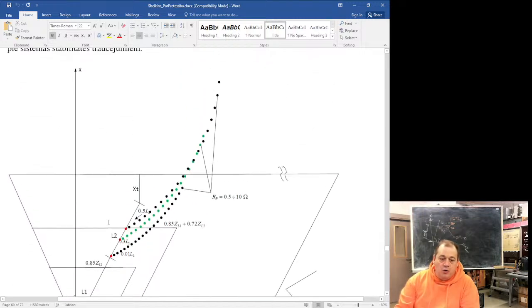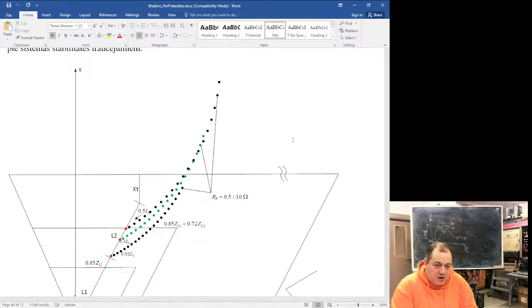More distant fault on the next, adjacent line. Again, see what happens. The real operational characteristic of protection, what we will get, will in reality be downgraded.